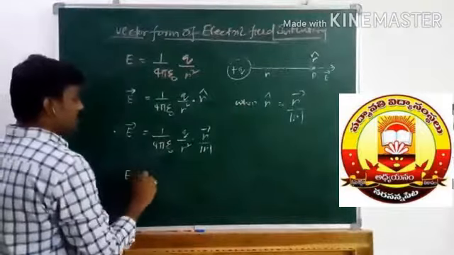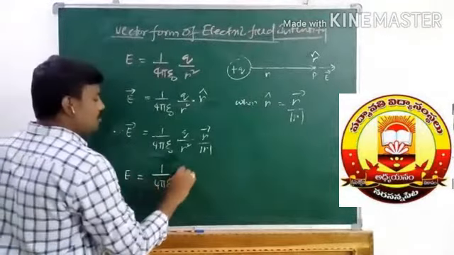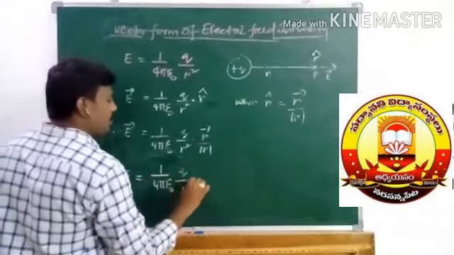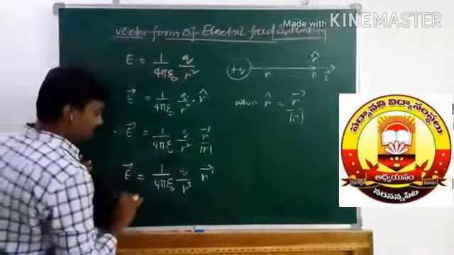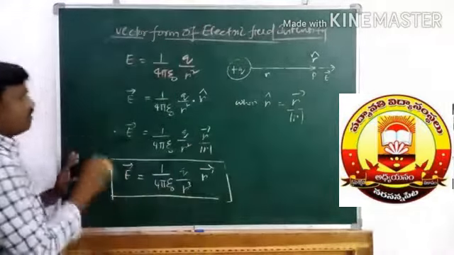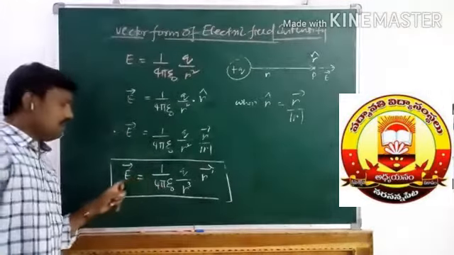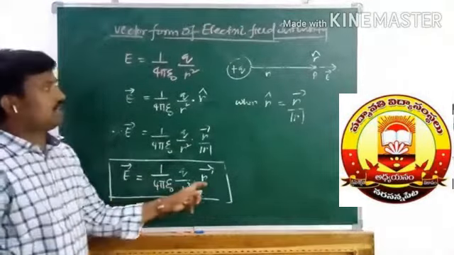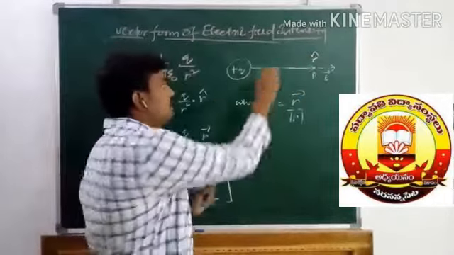So E bar equals 1 by 4 pi epsilon naught q by r cube into r bar. This is the vector form of electric field intensity. Here the electric field intensity will be in the direction of r bar, and r cap is the unit vector along r bar.